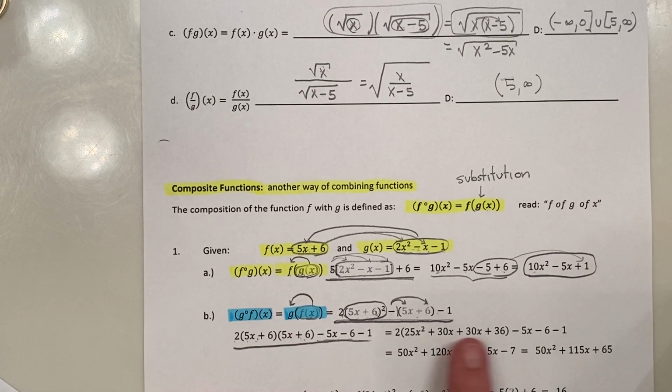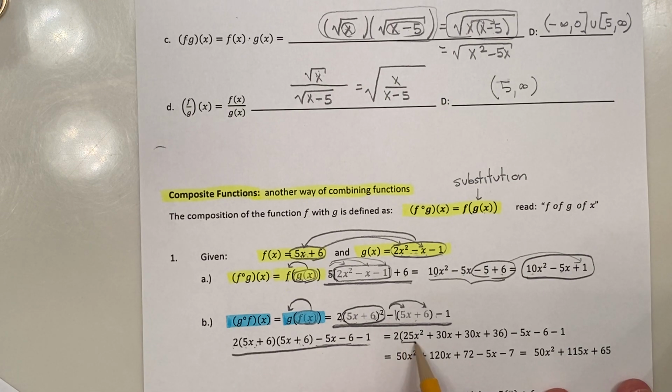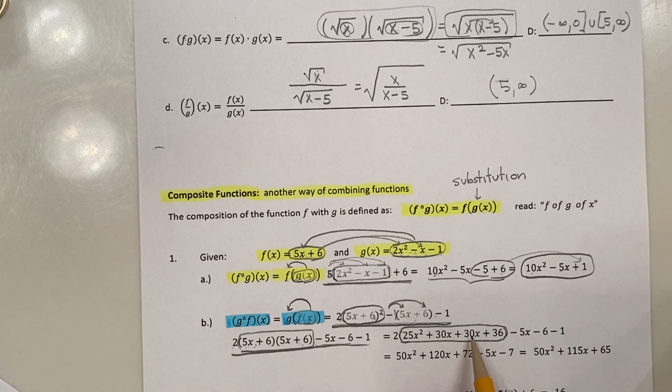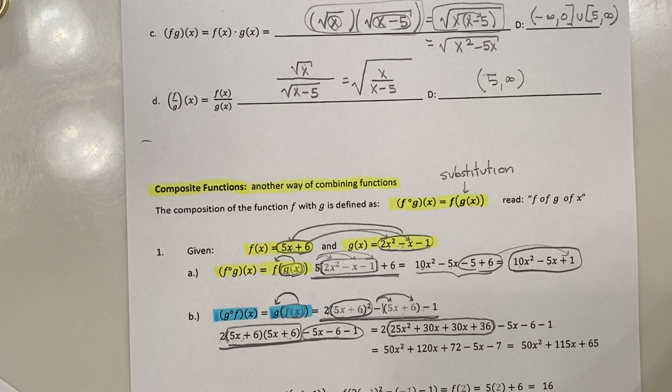Okay, now from here to here, the 2 is still out front, but notice that all of this right in this parenthesis came from the work being done off to the side by foiling these 2 binomials. So that's the presence here of these terms. Now notice here you have minus 5x, so we just return to collecting what else we had here, which is minus 5x minus 6 minus 1. Okay, so from here down to here, they're distributing the 2 in, getting 50x squared.